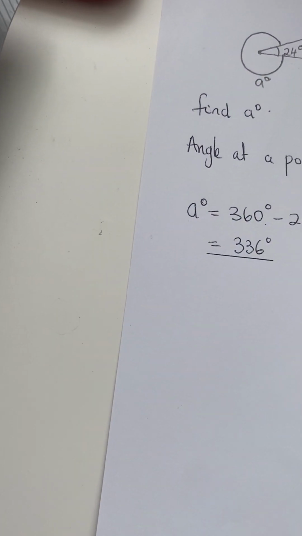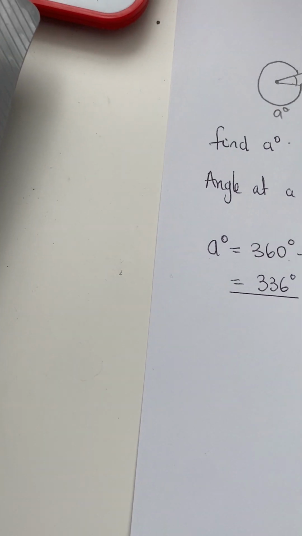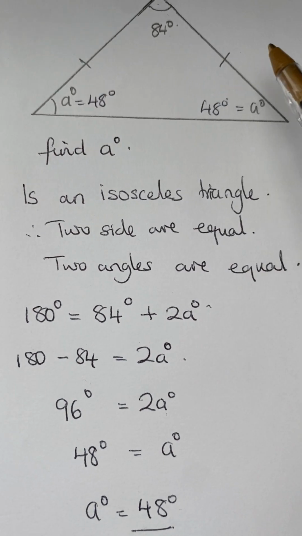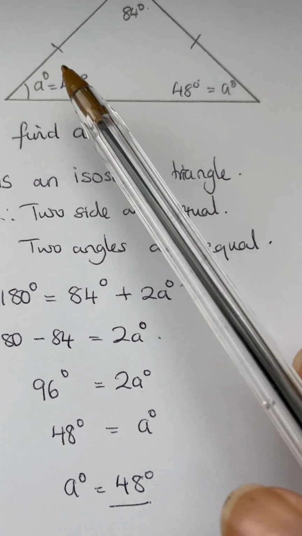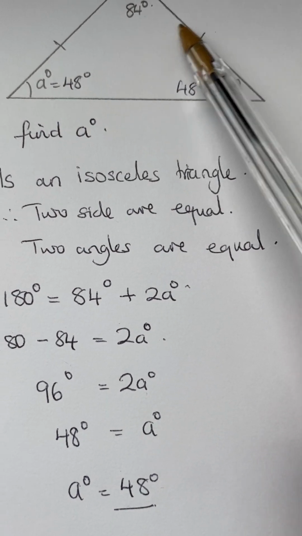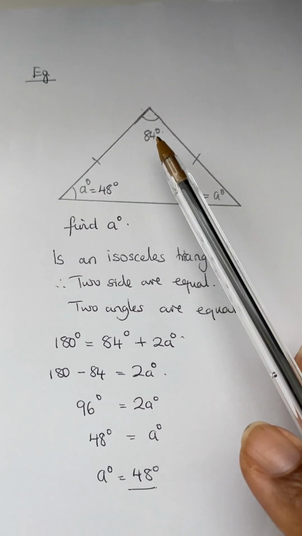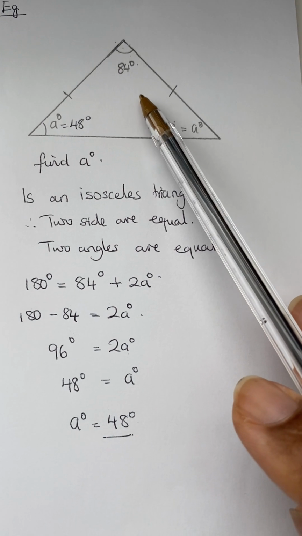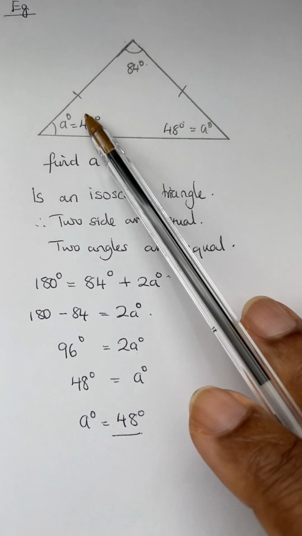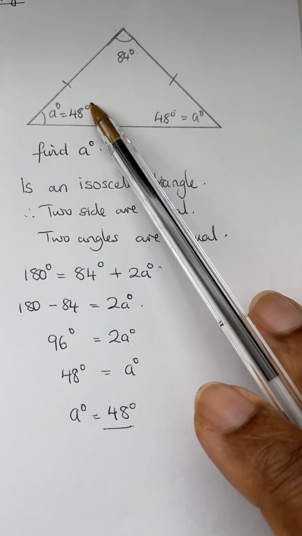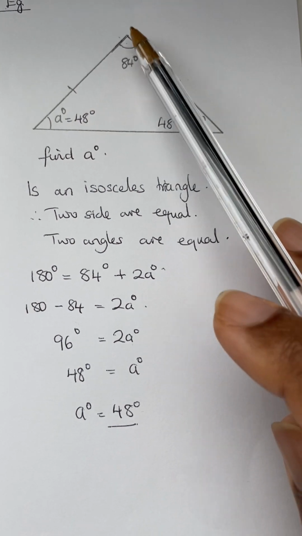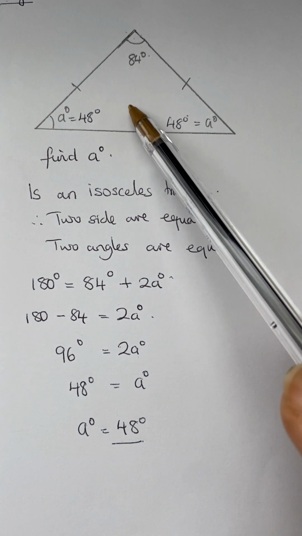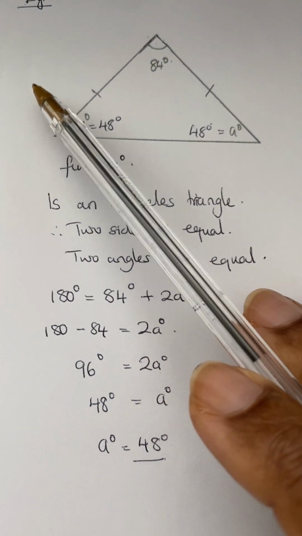You should know when to look at the angle and say, oh, these two lines should be an isosceles, because you might see this angle in a triangle. You might be asked to find another angle, but you might have to apply this knowledge to find the other angle.